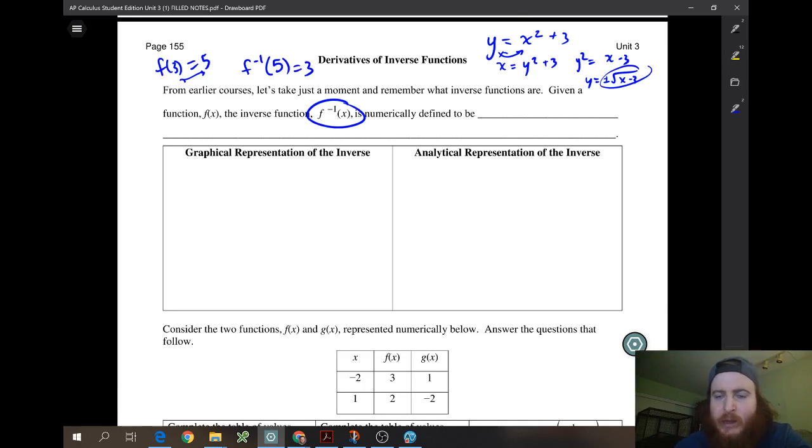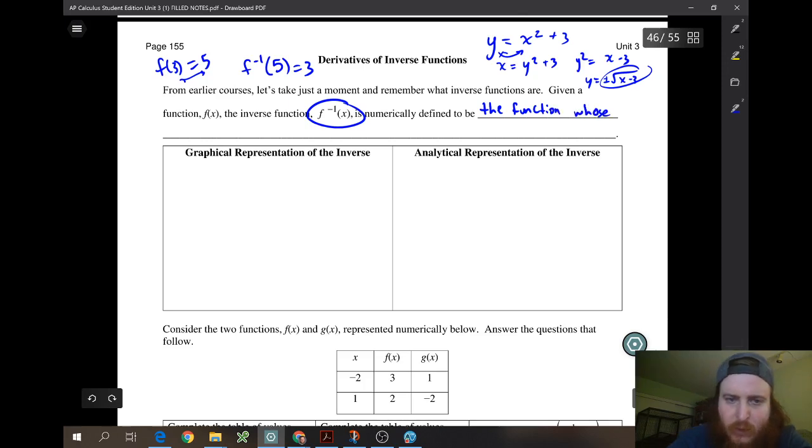So numerically, what we say is that f negative 1 is defined to be the function whose domain, those are the x values, so the domain of f negative 1 of x, is the range, the y values, of f of x, the original, and whose range, its y values, is the domain of f of x.